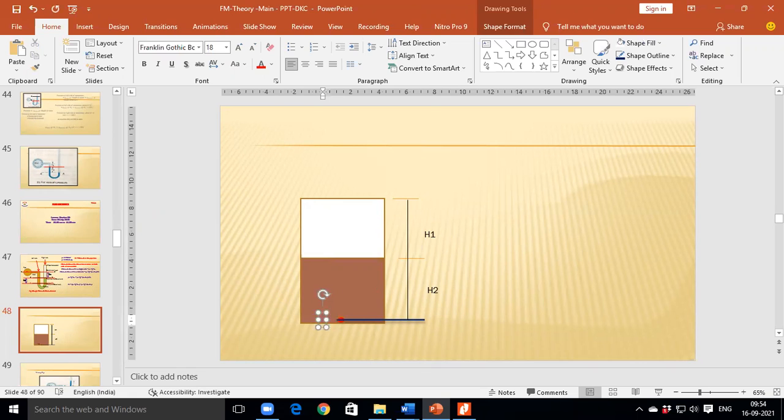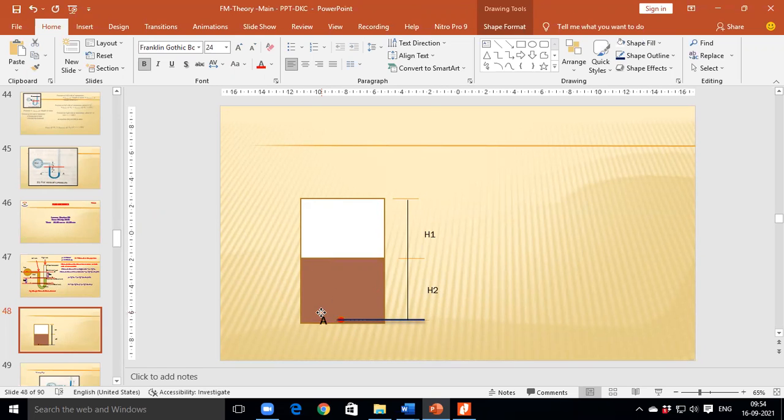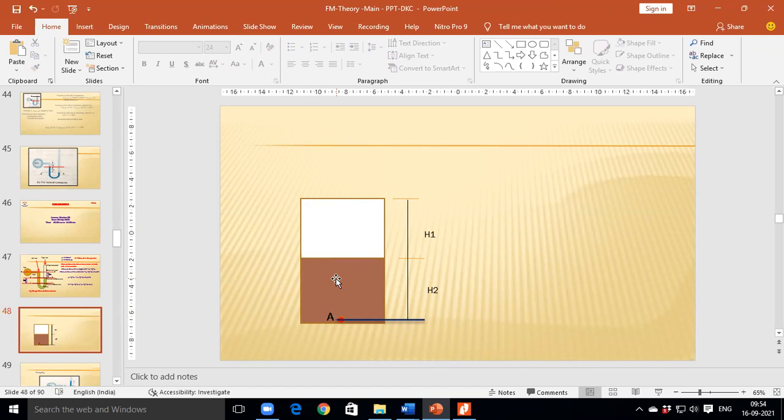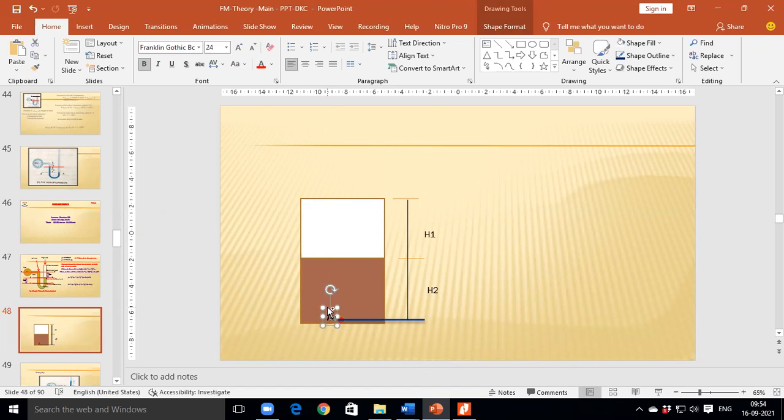This represents A, and this A represents one particle, one water molecule, and here is the water.